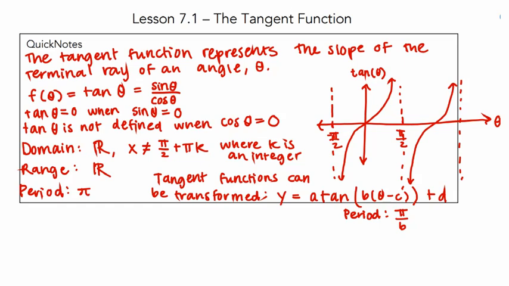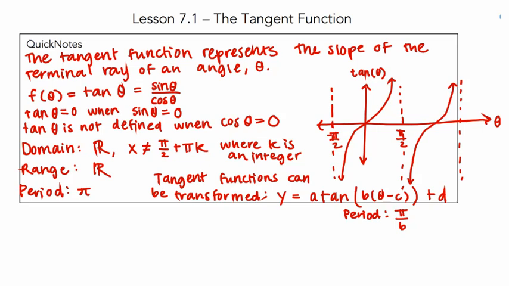So it's going to occur at pi over 2, at 3 pi over 2 when we add pi, and when we add pi again, it'll be at 5 pi over 2. What you're going to find is it's going to be undefined at all the odd multiples of pi over 2, and that's what it means where k is an integer.